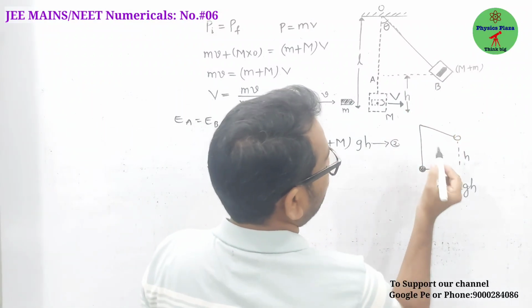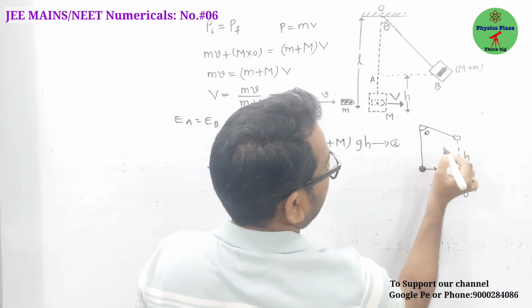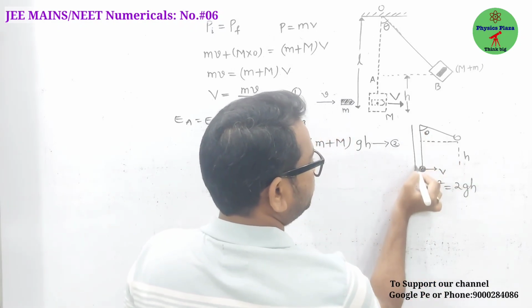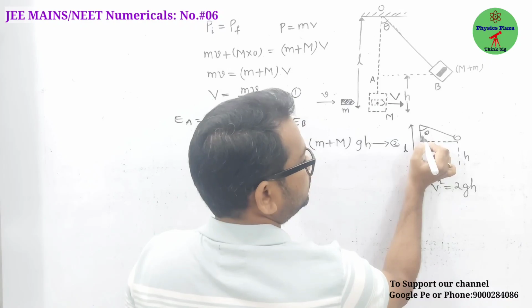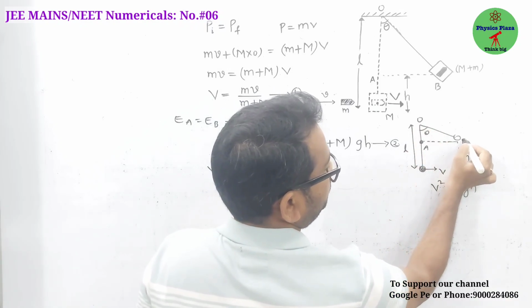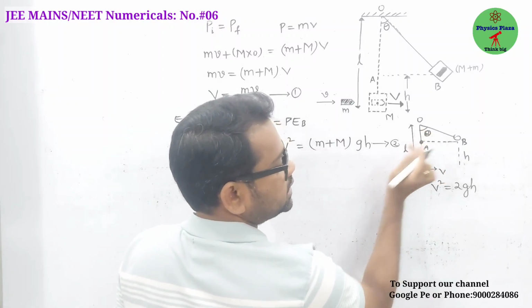How can we calculate it? Suppose, as per the question, you can see this angle theta. Let us say this is the height to which it is raised, and this total length is L. Let us say this is O, this is a point A, this is a point B. As we need OA here, let us define cos theta.